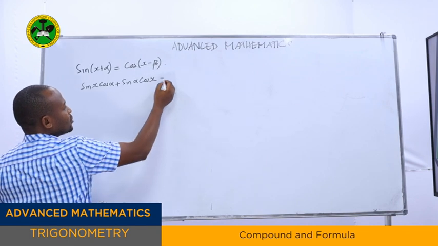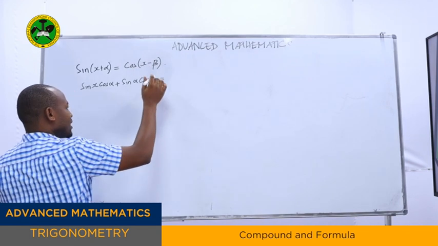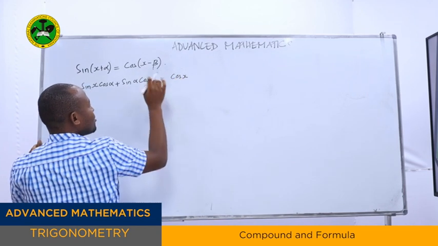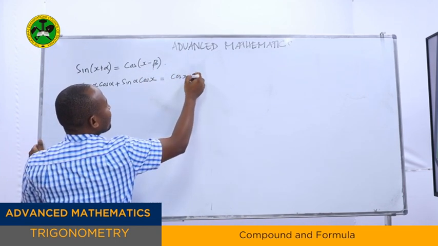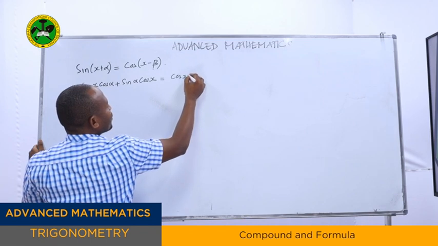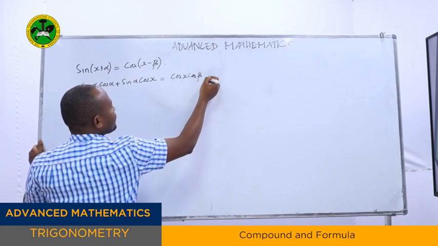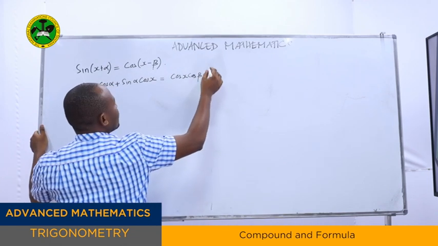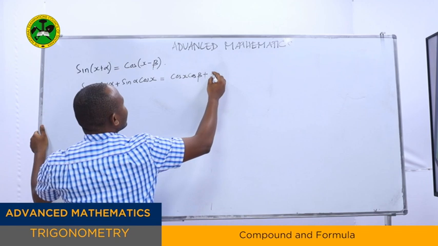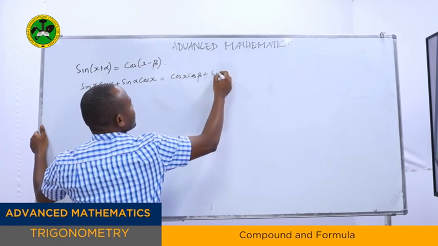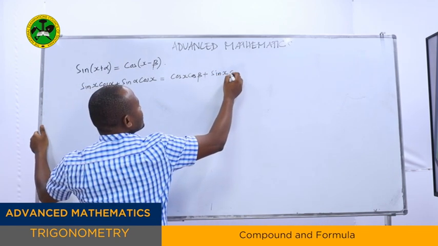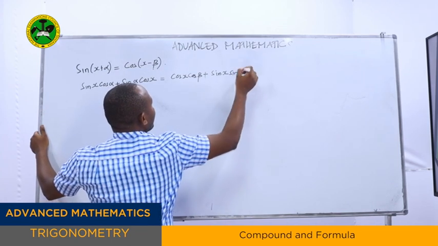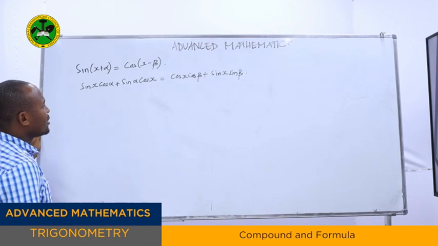We are told this is equal to cos of x minus beta, that is cos of x cos of beta, then, is it minus or plus? Plus sine of x sine of beta. We know that.